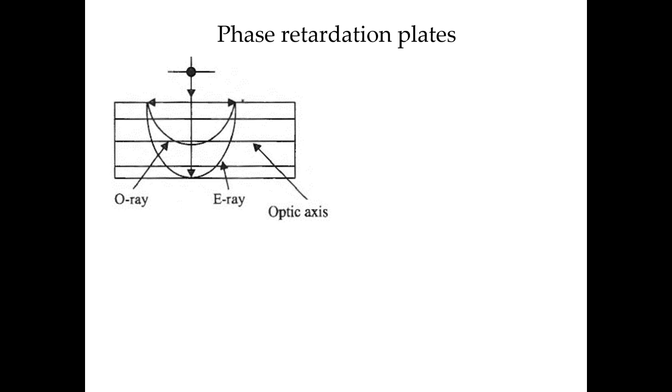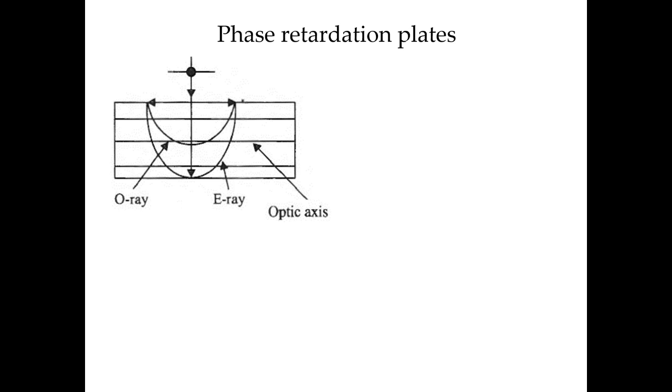If the positive and negative crystals are cut so that the optic axis lies on the surface, then the light which enters the crystal will definitely get split into the ordinary ray and extraordinary ray. It is to be noted that the planes of vibration of the ordinary ray and extraordinary ray are perpendicular and parallel respectively to the optic axis.